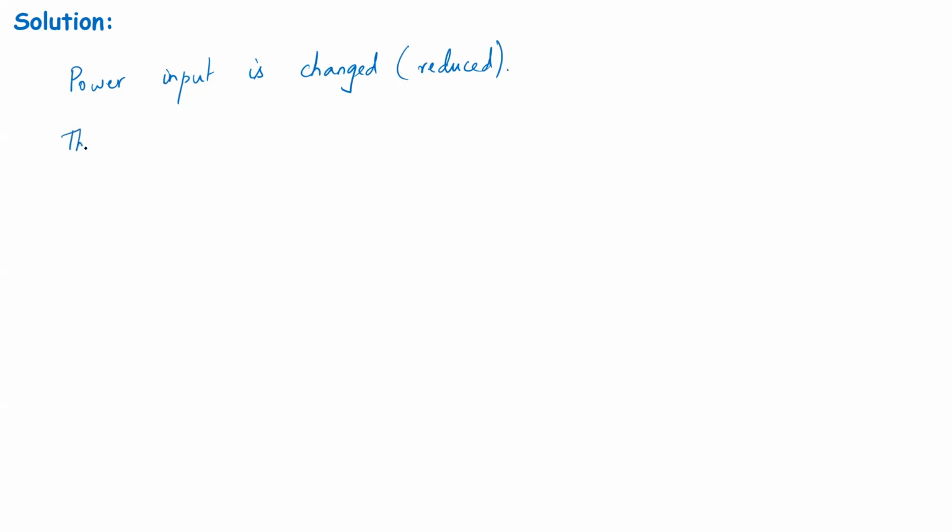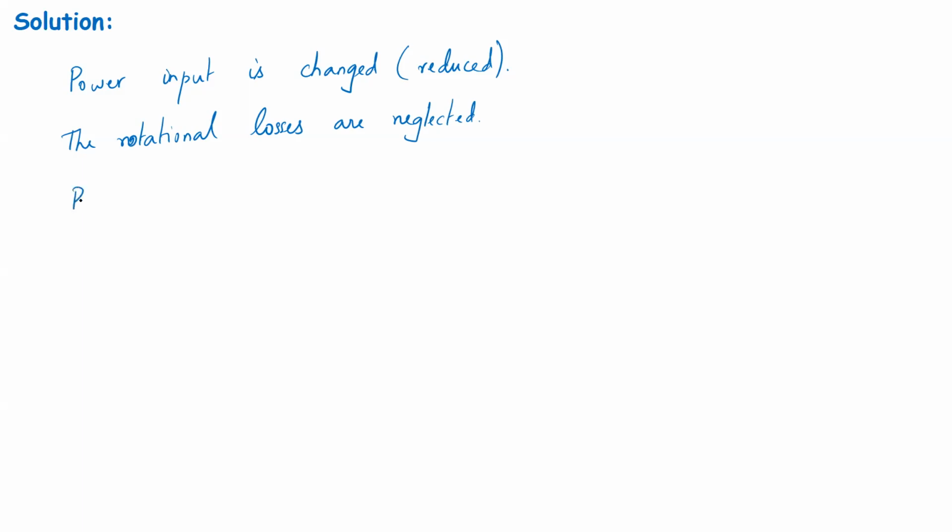The rotational losses are already neglected, so we don't have to worry about that. If the rotational losses were not neglected, then as the input power changes, the rotational loss might change or might not change, depending on the system. Okay. Rotational losses are neglected.